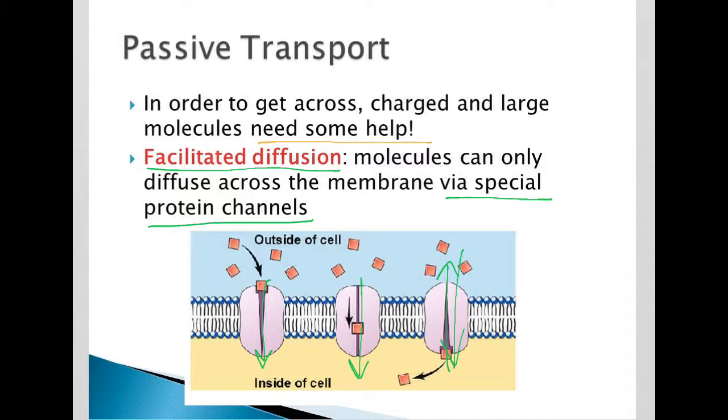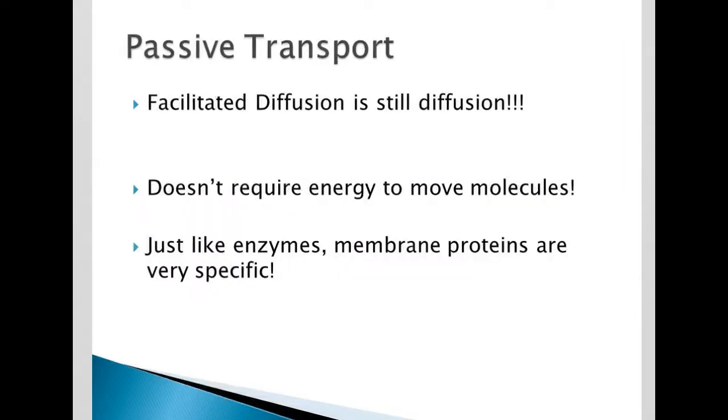It's sort of like how a little kid needs to hold somebody's hand to cross a street. It's going to get to the same place and it requires the same amount of energy, but they need a little bit of help getting there. They can't do it on their own. The big thing you need to know is that facilitated diffusion is still diffusion. It is still passive transport.